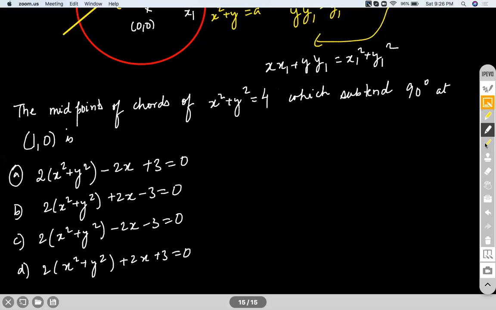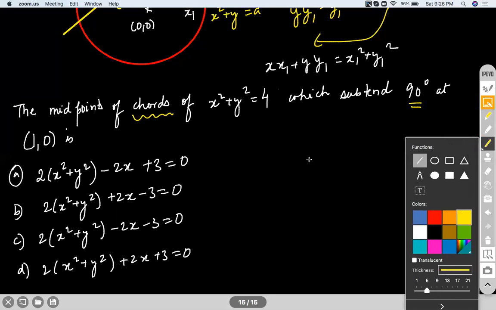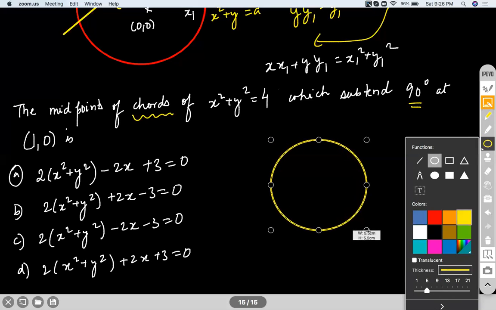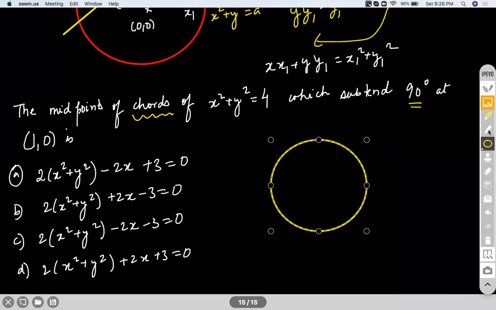First of all, you understood the question? So there's a variable chord, and this chord moves in such a way that it always subtends 90° at (1, 0). So let me draw this circle.